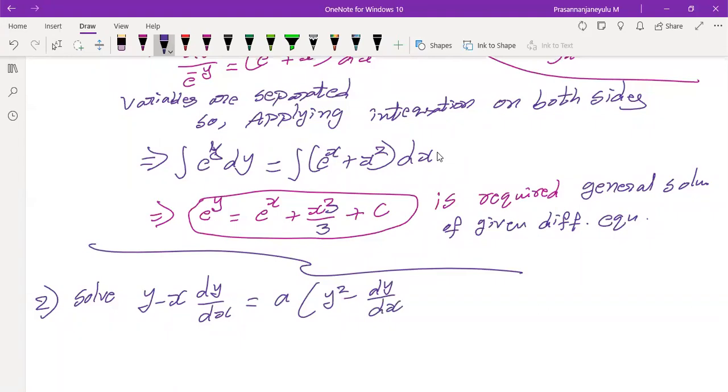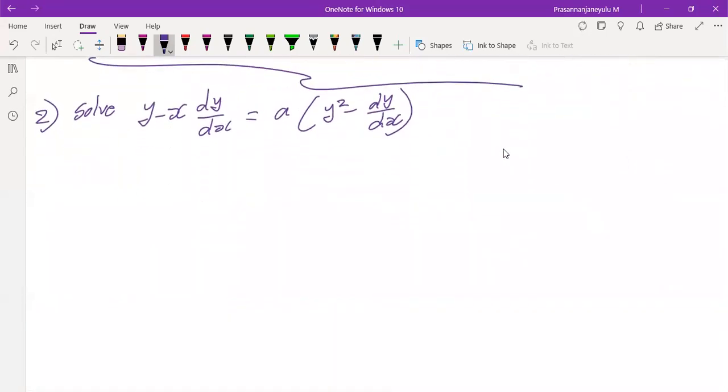Any of you can say, can we use variable separable method by seeing the problem? No, we cannot identify.